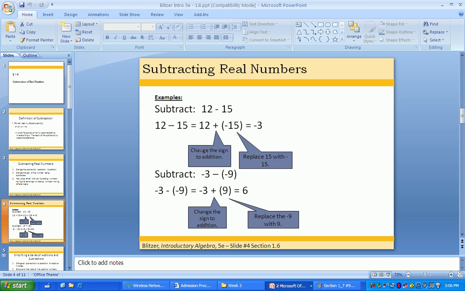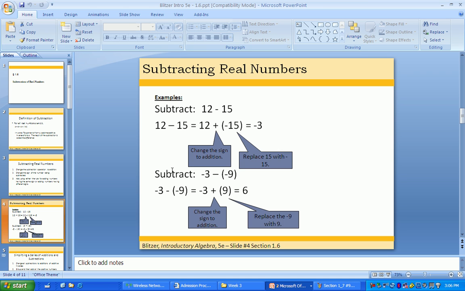So what we did here was change the sign from subtraction to addition, and in addition, we replaced the 15 with a negative 15. And when we add 12 plus a negative 15, we know when we add a negative number, we go to the left on the number line. It takes us all the way out to negative 3. So our answer here would be negative 3.